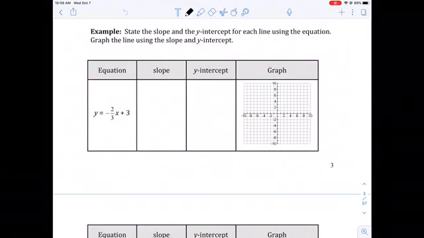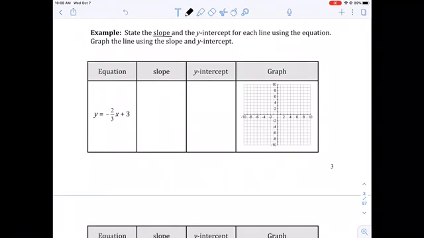So it says here, state the slope and the y-intercept for each line using the equation and graph the line using the slope and y-intercept. If this is already written in y equals mx plus b form, then we can just glean the slope and the y-intercept right from that equation. So let's double check.